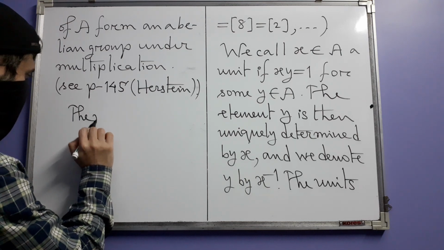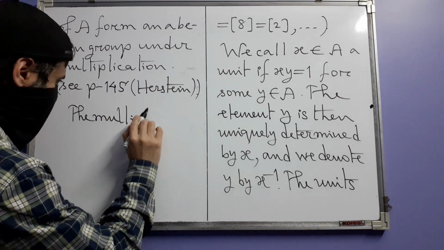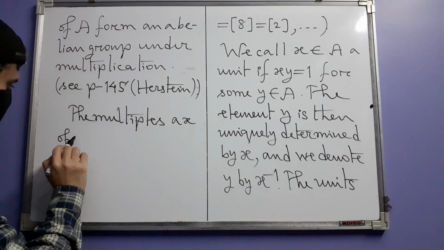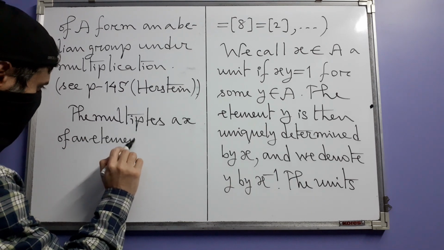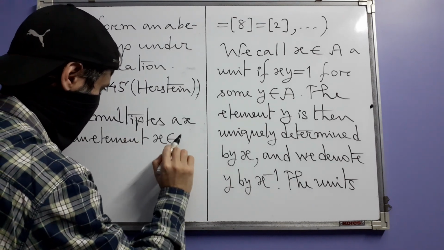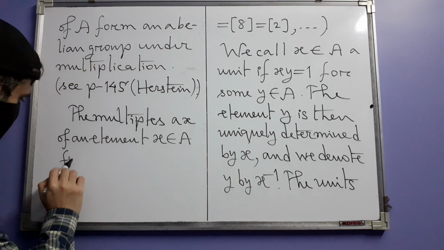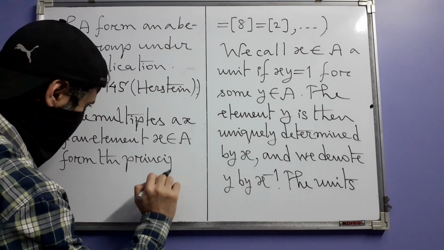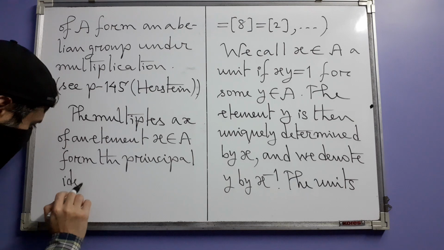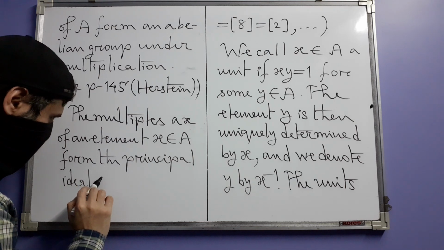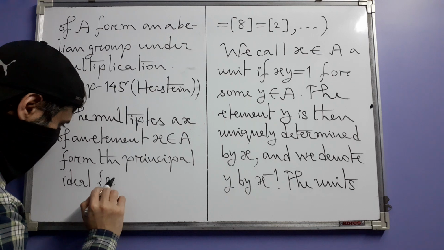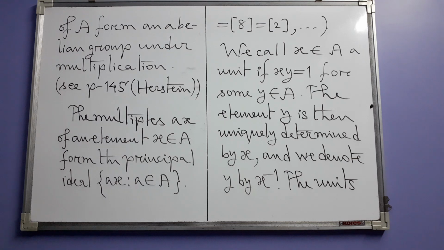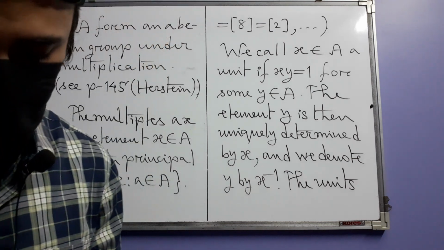The multiples ax of an element x in A form the principal ideal. We already know from Herstein what a principal ideal is.